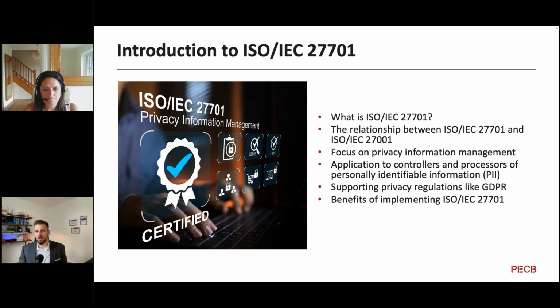Nevertheless, the two go hand in hand because a lot of systems are going to be processing personally identifiable information, and you're going to need to do much more than using 27701 as the basis for all of the controls that you implement within your IT systems and your business.